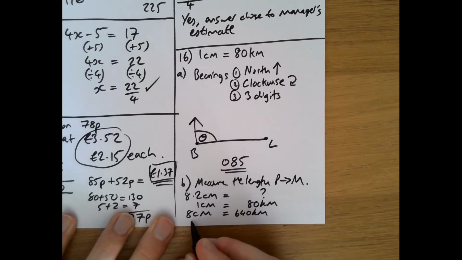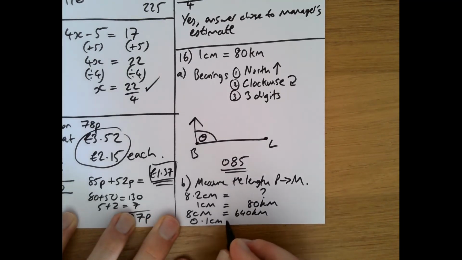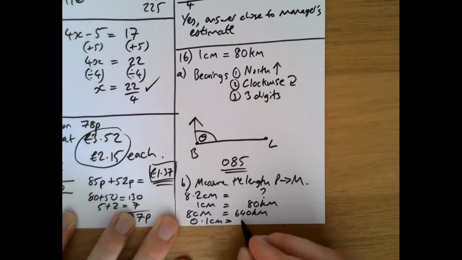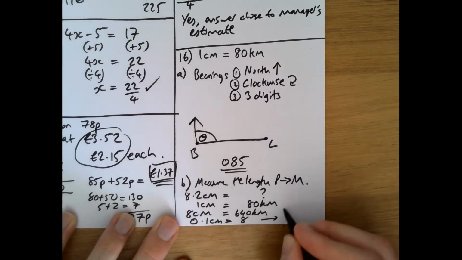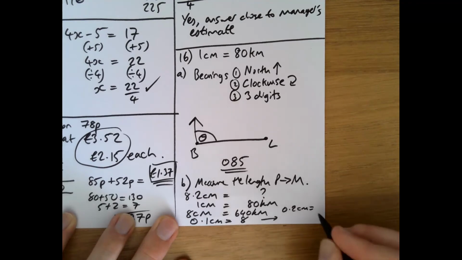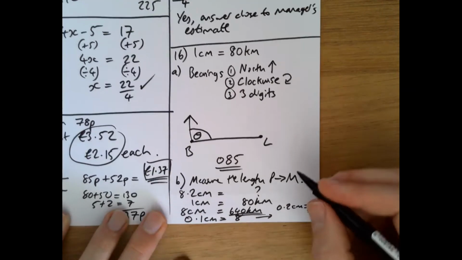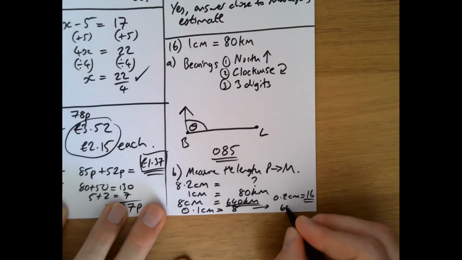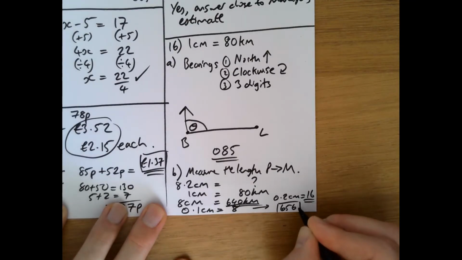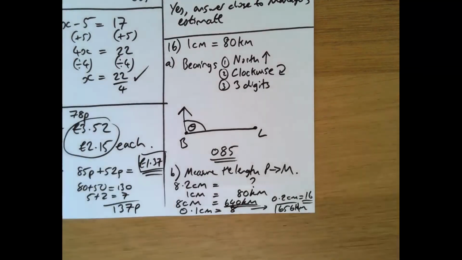Well, what I'm going to do is I'm going to divide it by 10 to get 0.1. So 80 divided by 10 is 8. So therefore 0.2 centimetres must be 16. So then 640 add 16. Our answer is going to be about 656 kilometres.